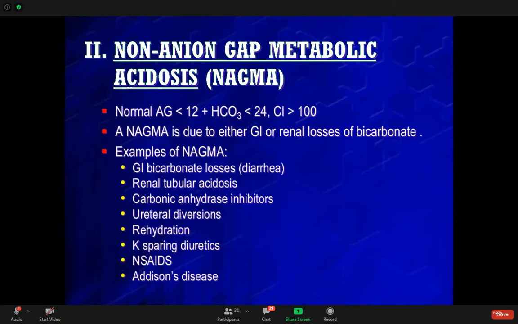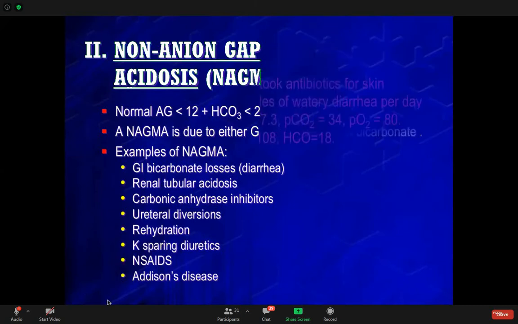Sometimes it happens if you take carbonic anhydrase inhibitors, which are medications, or with rapid saline rehydration, potassium-sparing diuretics, NSAIDs, or Addison disease, where you lose your bicarb.